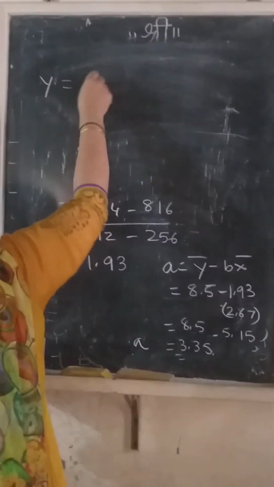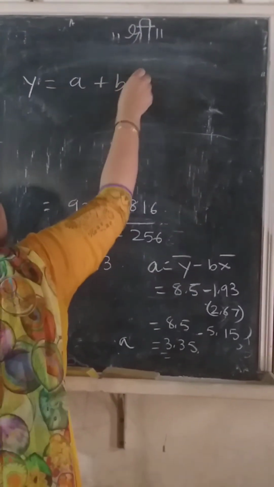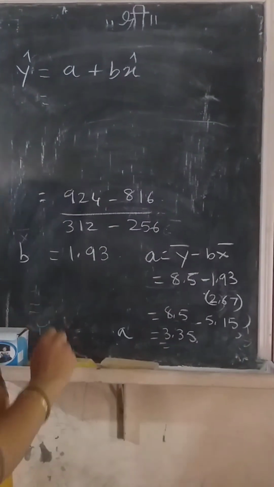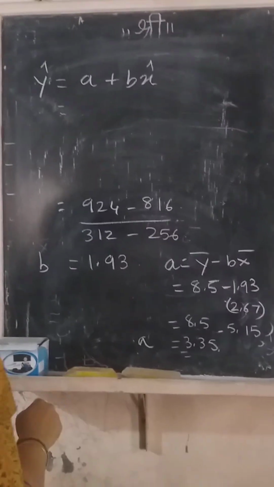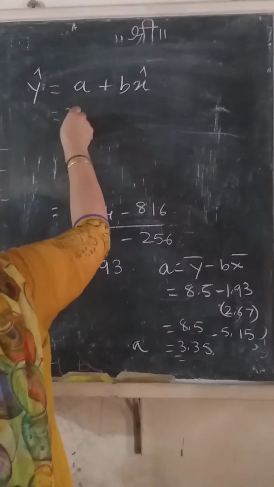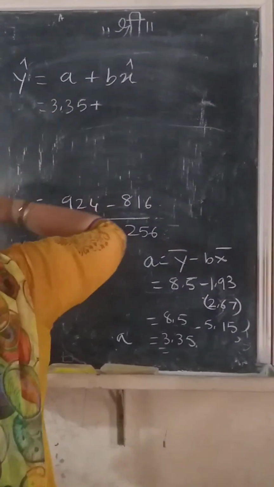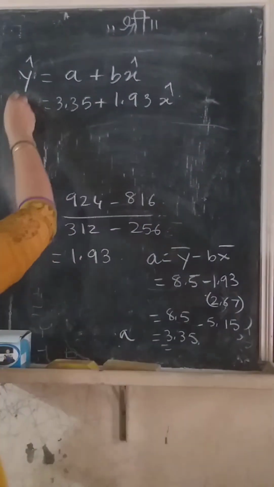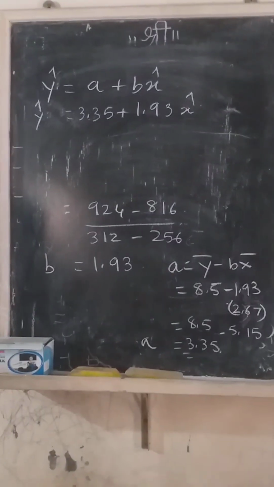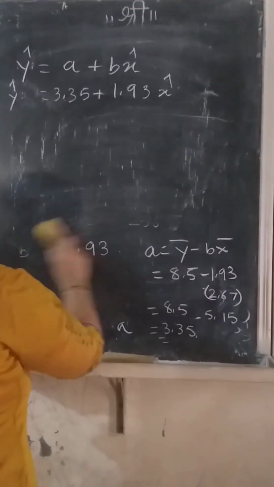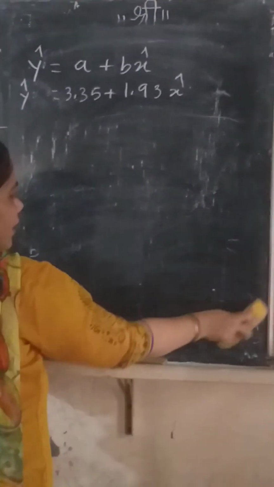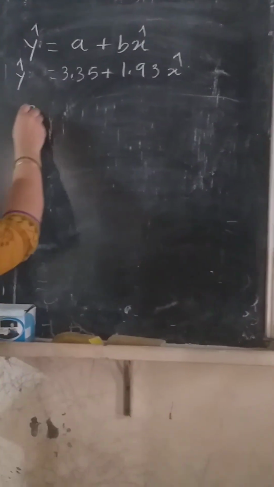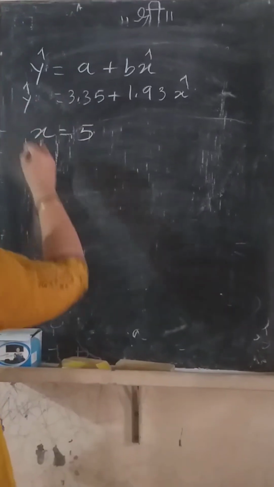So y cap is a plus b x cap, where a is 3.35 plus b is 1.93 into x cap. This is your y, right? Now you have to find the value of y when x is 5. So when x is equal to 5, you have to find y.